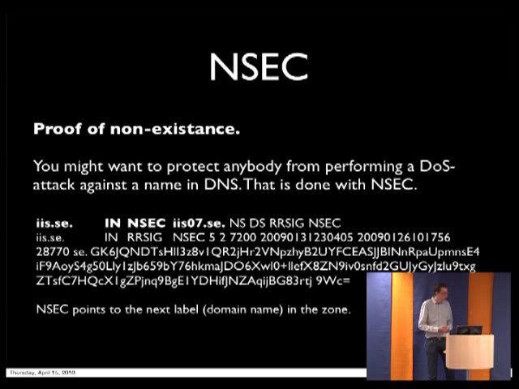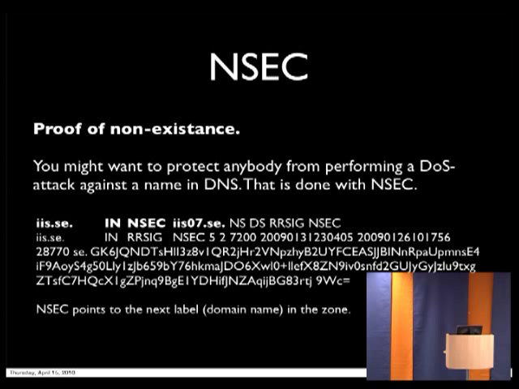The way that works is that we have an NSEC for every delegation in your zone. So in .se we have an NSEC record covering every domain in the zone.